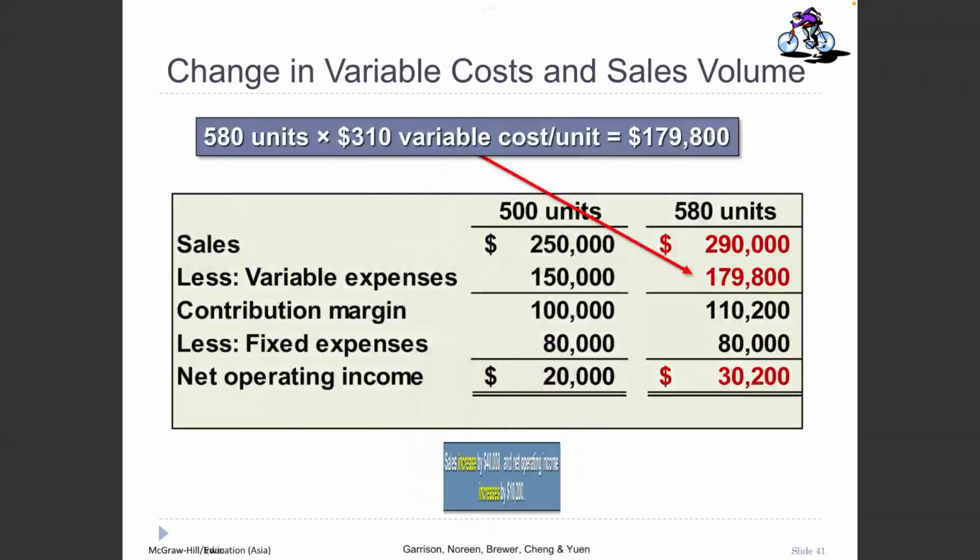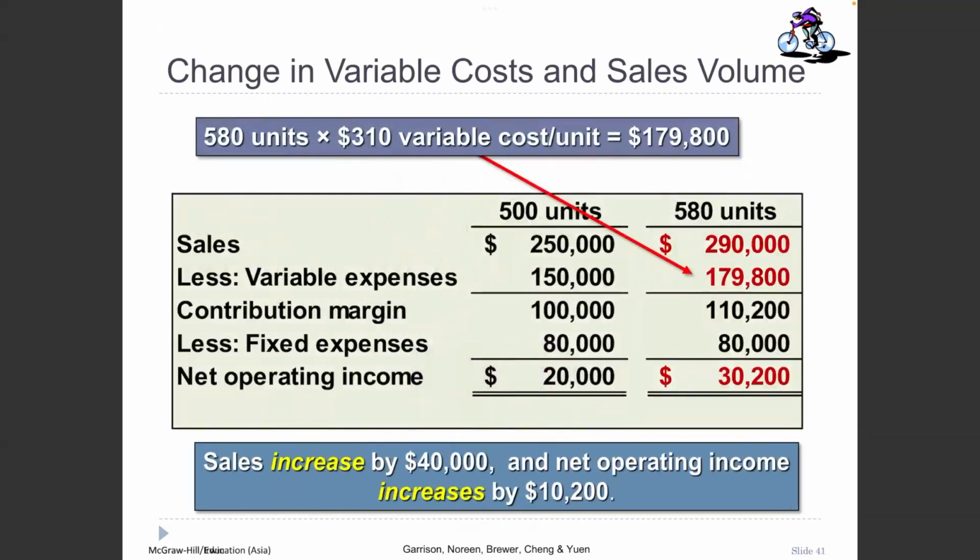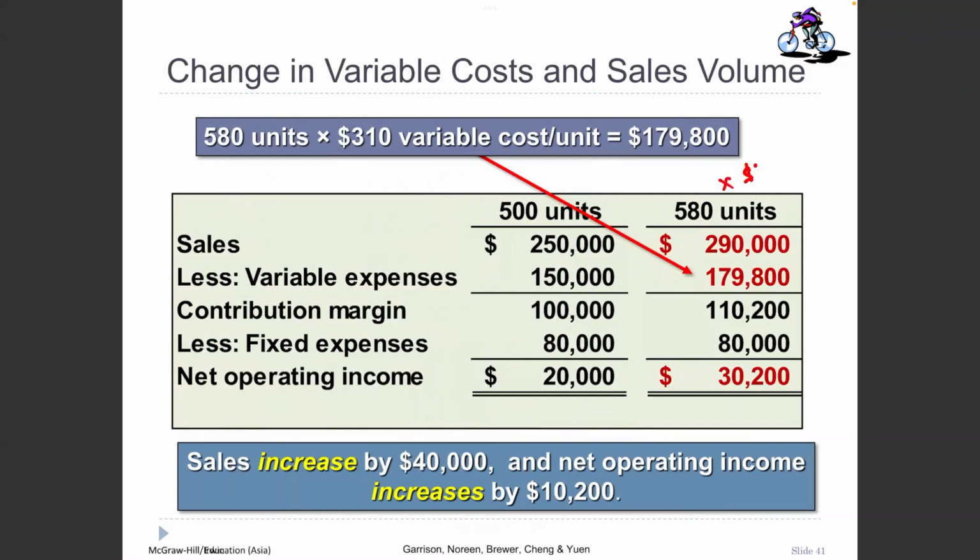Okay, so here 580 units multiply with $500, so you get $290,000 in your sales. So your variable expense has now increased. 580 units multiply with 310 equals 179,800. So your contribution margin increased to $110,200 minus your fixed expense, which remained at 80,000.